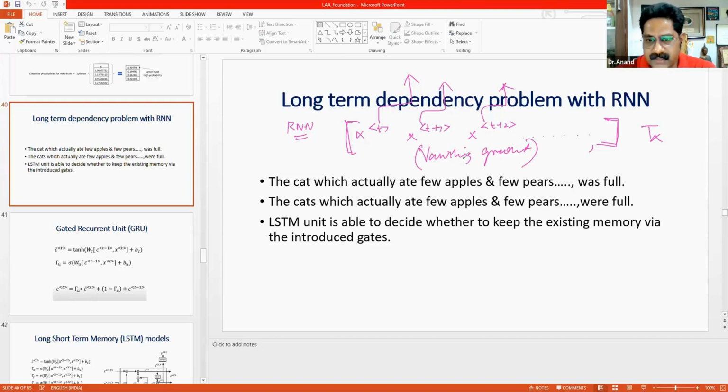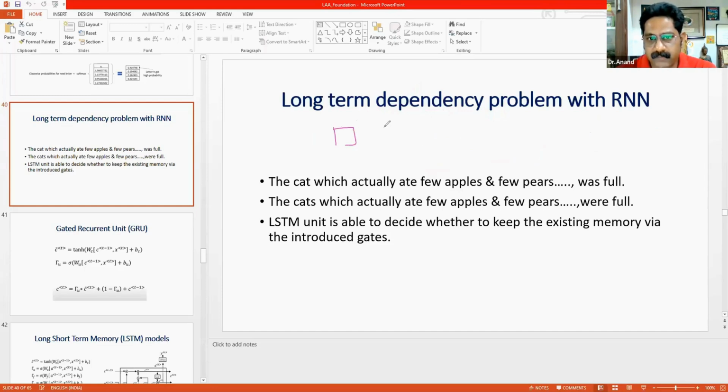The same vanishing gradient has an effect on the RNN model also. But unlike the feed-forward model, here the vanishing gradient can be appreciated in the context of the length of the sequence. When we see the unfolded version of RNN, we have seen how to interpret the backpropagation. It's backpropagation over time.